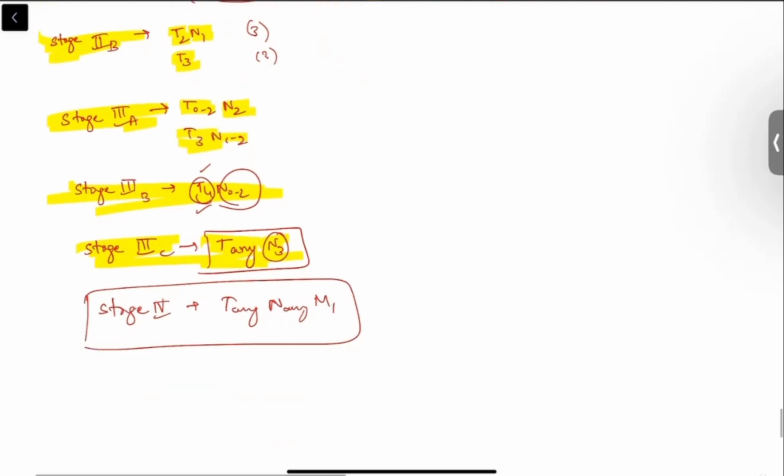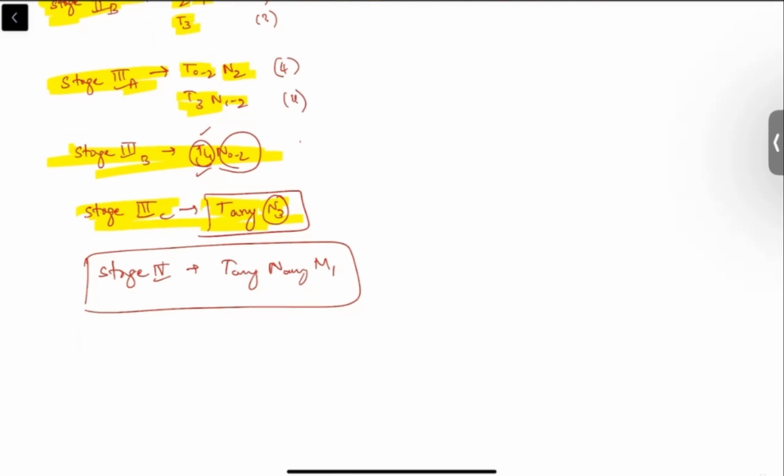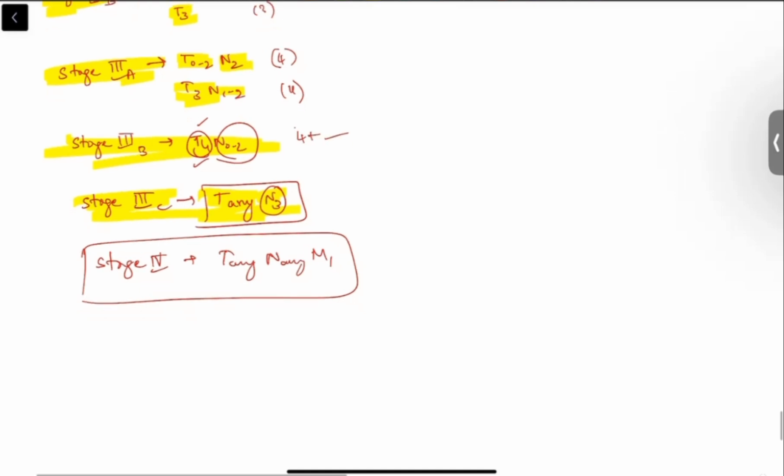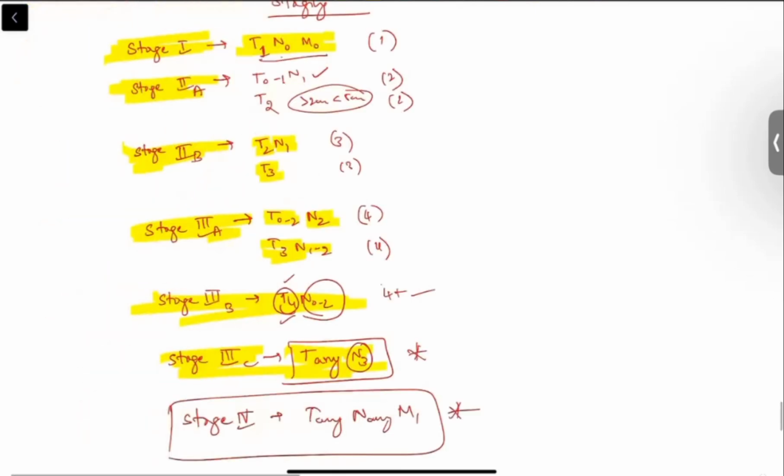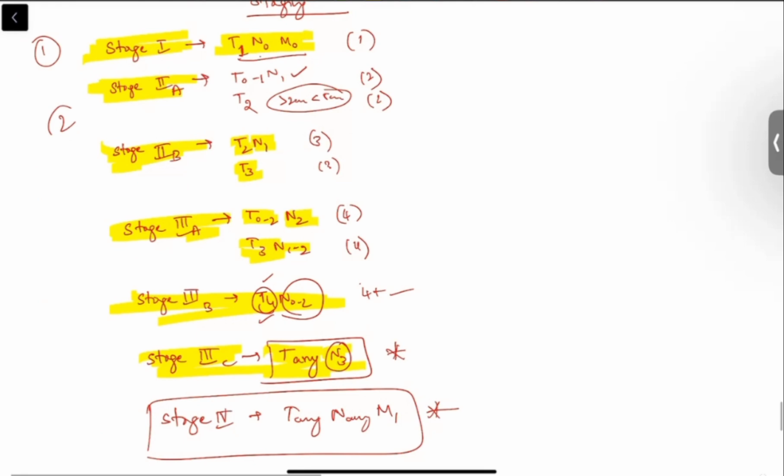In 3A and 3B, 3A it will be equal to 4. T3 usually has N1, so again 4. Stage 3B is almost 4 plus something. So till here it is like 1, 2, 3, 4. We just have to remember that there is only one stage 1, 2 parts in stage 2 and 3 parts in stage 3. Based on this we can easily remember the staging of breast cancer.